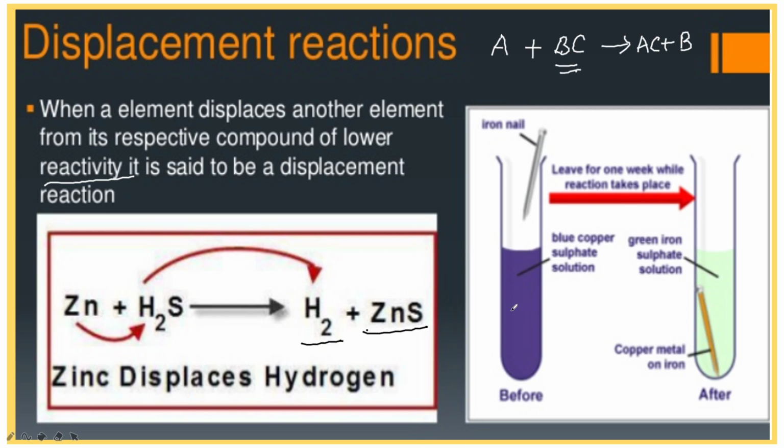Here an iron nail and copper sulfate solution are given. Instead of iron, if I take zinc, CuSO4 plus Zn gives copper plus ZnSO4. Why this displacement takes place, we are going to discuss.